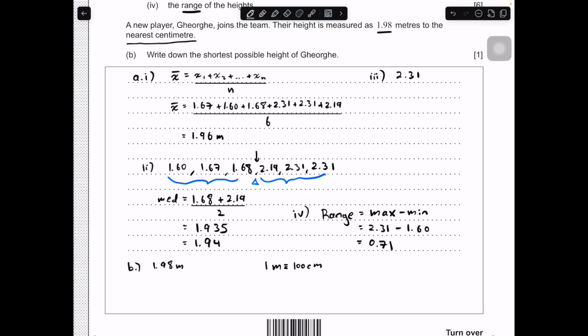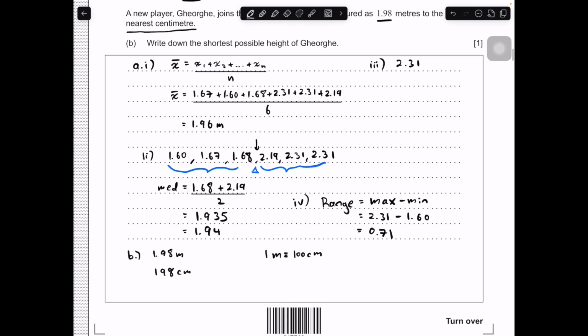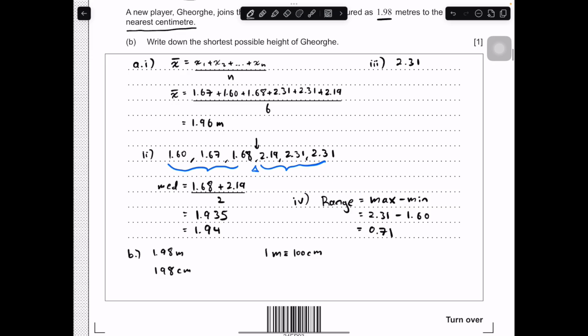So if George is 1.98 meters, he is 198 centimeters. But their height is measured to the nearest centimeter. So the question is, what is the shortest possible height?